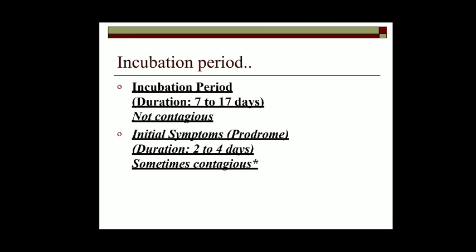The infection can spread from one person to another during this time. It is contagious, meaning if a healthy person comes into contact with the infected person, it is capable of infecting the healthy person also.